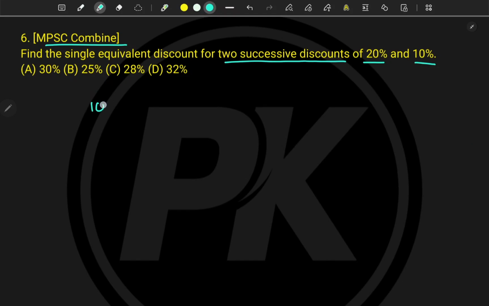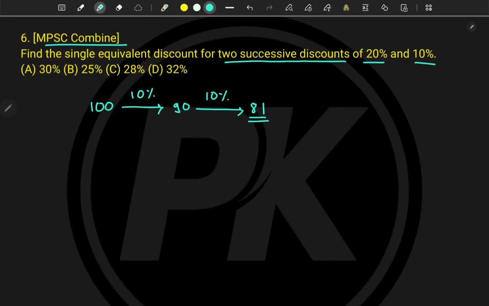Let's say the price was 100 rupees. On that, you have given, let's say, 10 percentage discount. Now, what will be the new price? It is 90 percentage of 100, which is 90, right? Now, again, let's say you have given 10 percentage discount. Again, 90 percentage of 90 is 81, right?